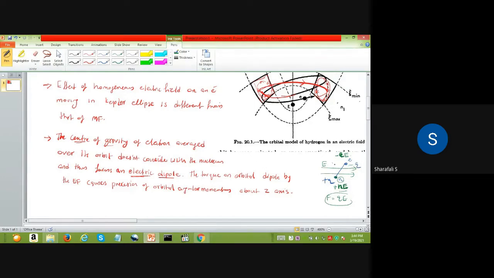When there is a force because of this electric field, there will be a force on this electron, and it tries to rotate like this. This one will be rotating in the opposite way because it is minus.